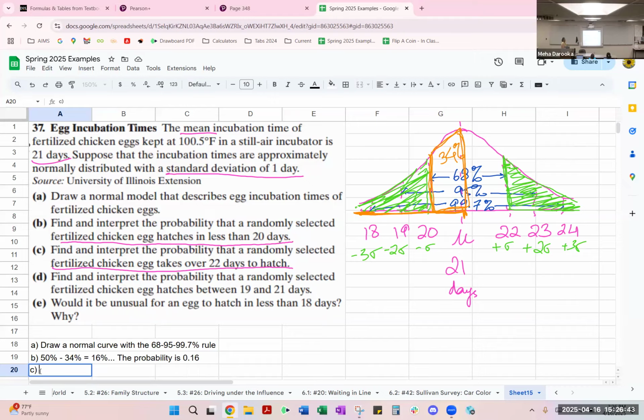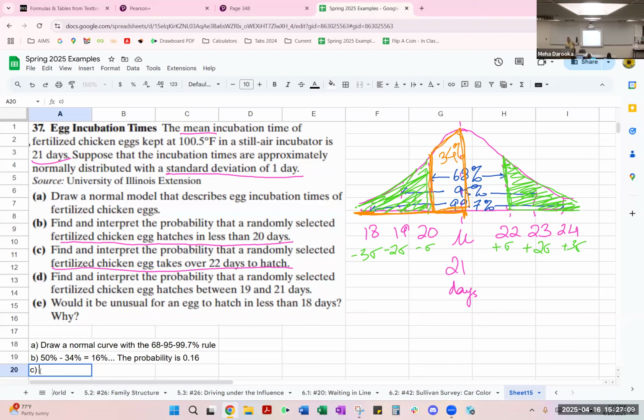What are we seeing in that image? Do we see symmetry between the shaded part on the left and the right? They are the same, right? Because they are both one standard deviation marker, either below or above the mean. So that area is actually going to be the same.